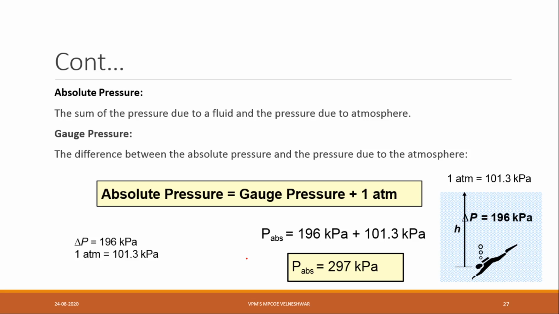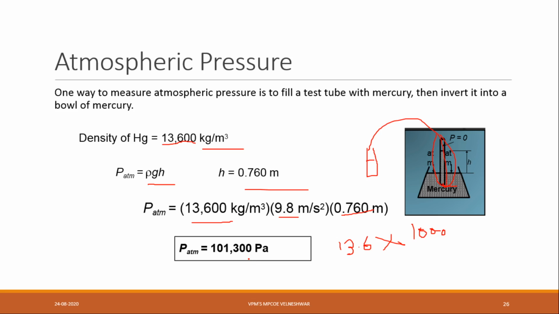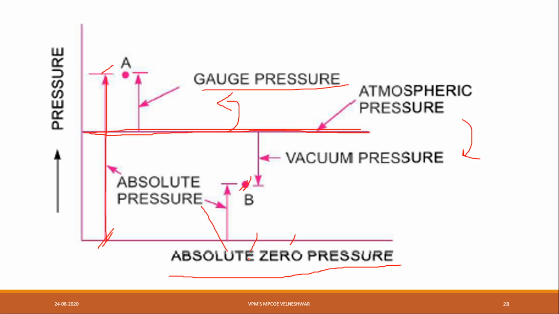Now absolute pressure is the sum of pressure due to fluid and the pressure due to atmosphere. Again see the graph, if I am calculating from here to here, that distance is absolute pressure.